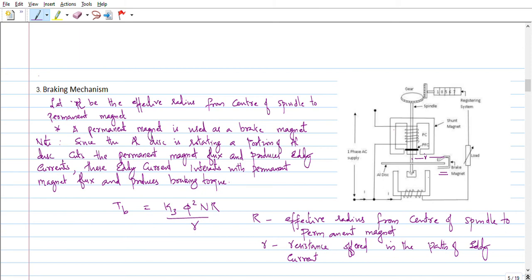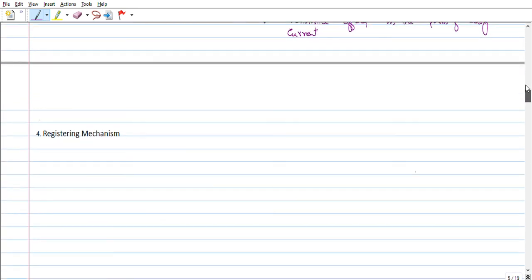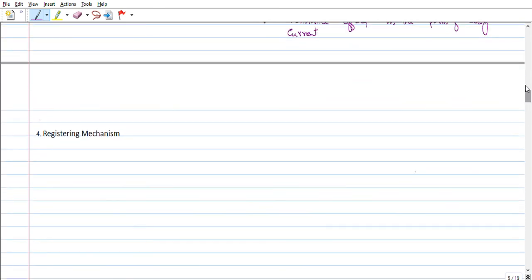Then what are the observations now? Braking torque observations.